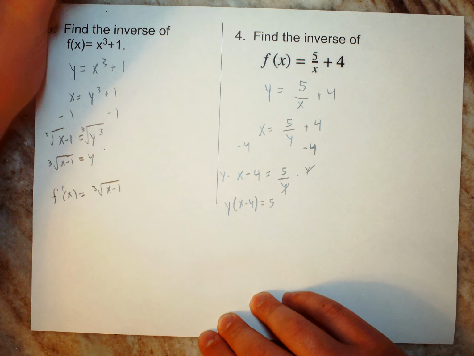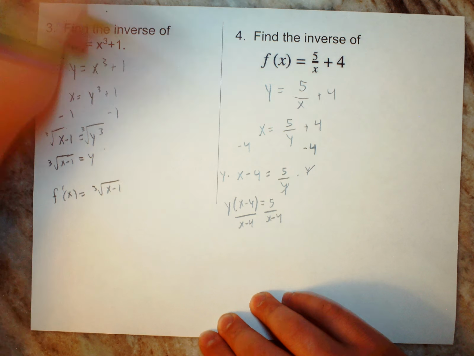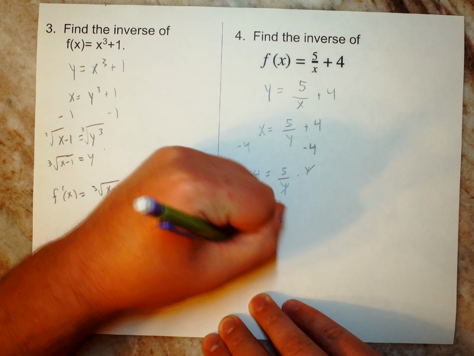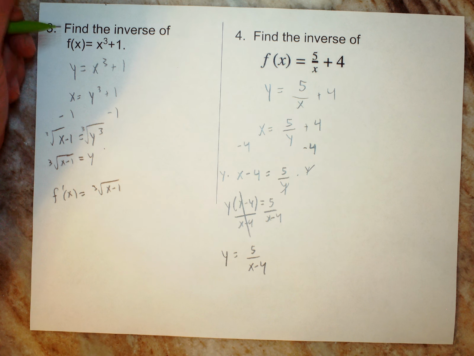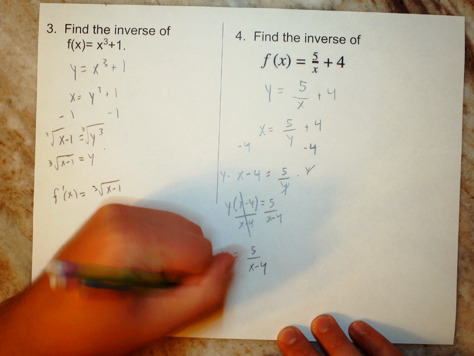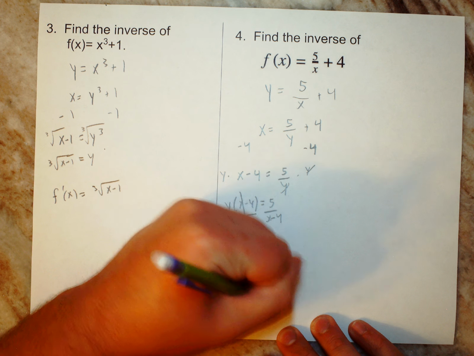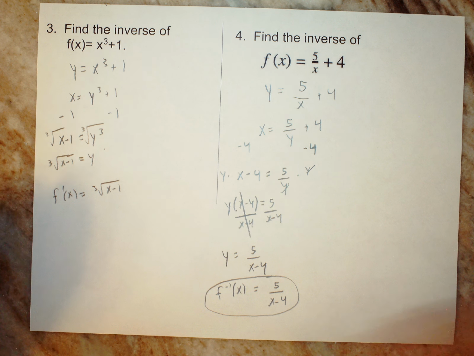And now to isolate y, we just divide by x minus 4. And that gives us y equals 5 over x minus 4. And then our usual last step. And there we go.